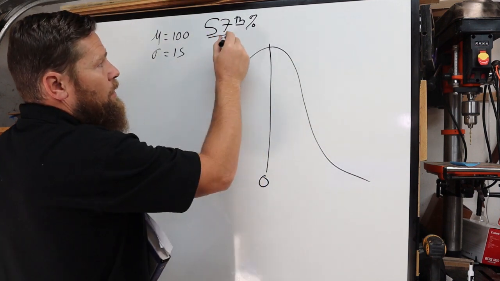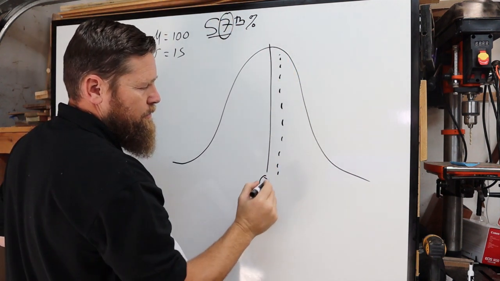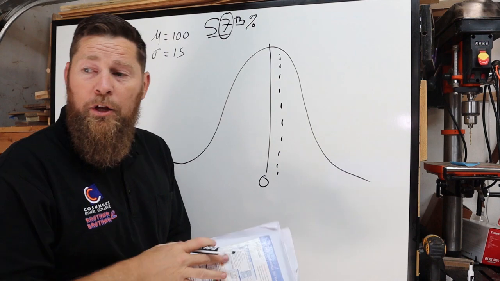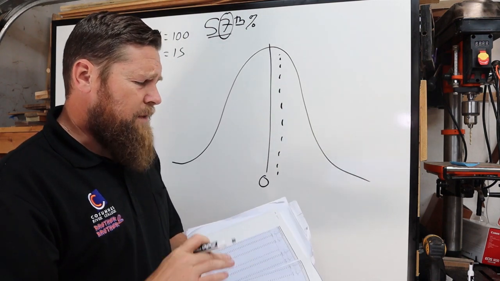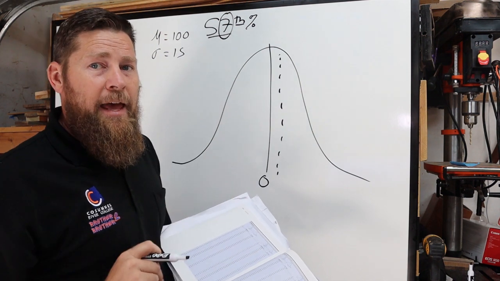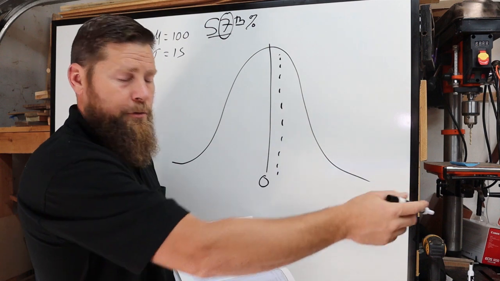Now what we want to do is find out, well, what's this 7%? How do we find where 7% is? And we're going to do that by looking in the back of the book, using our tables again, and finding where percent in tail equals 7. Or I'm sorry, percent in tail equals 43.